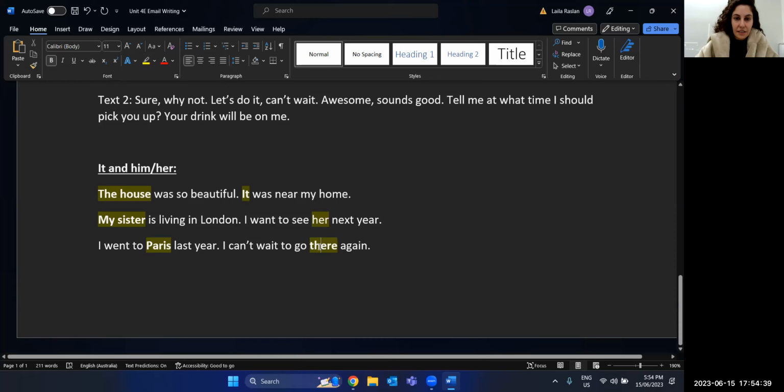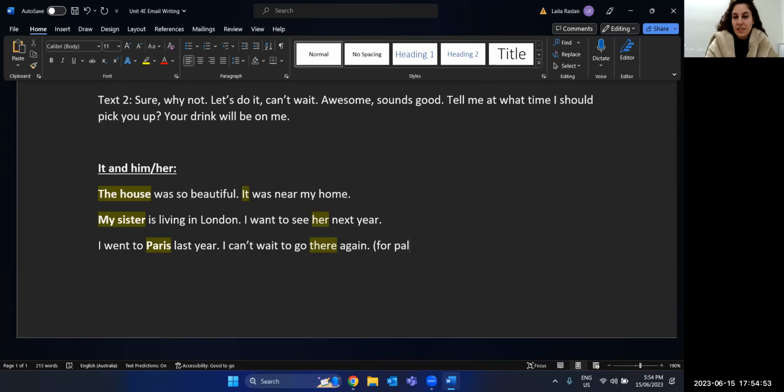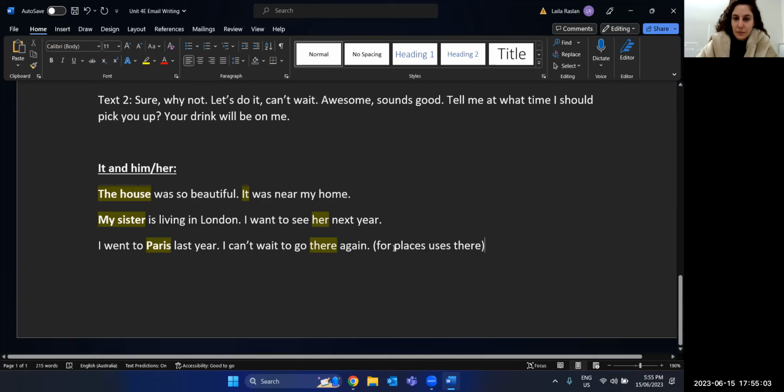So there is about Paris. Not it, because it's not a noun. It's not like a house. It's a place. When it's a place, so for places, we use there. Because a house and a book and a phone is not a place. So for places, use there. So that's the rule.